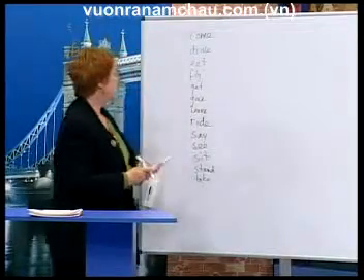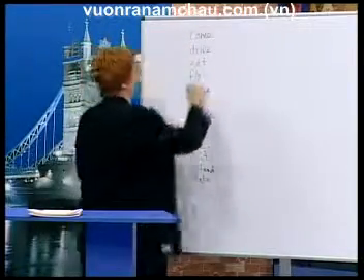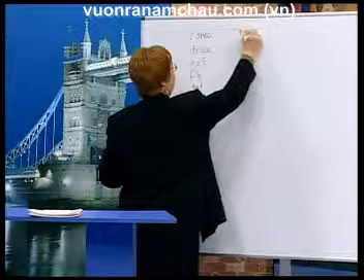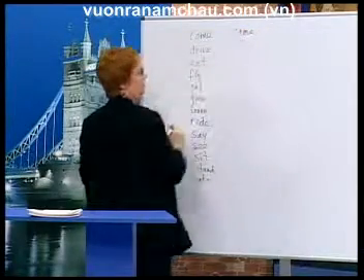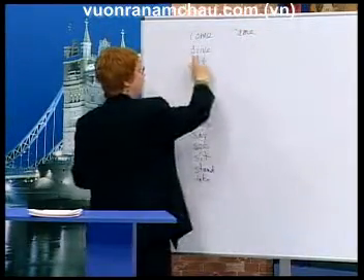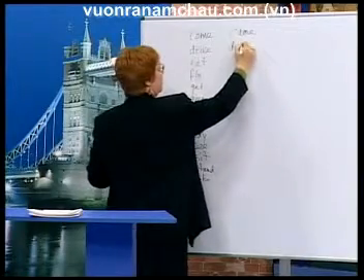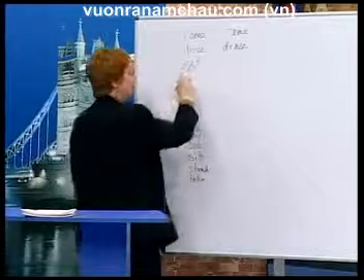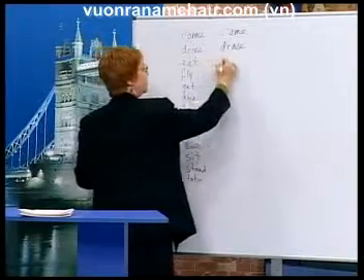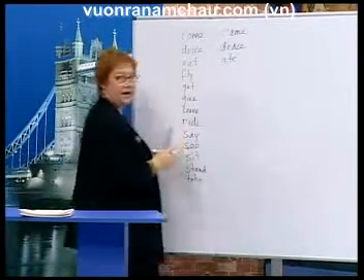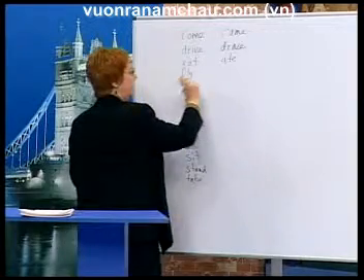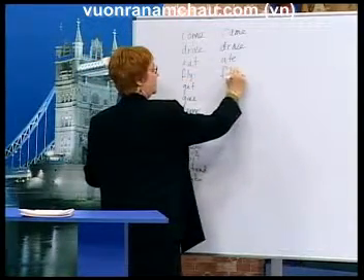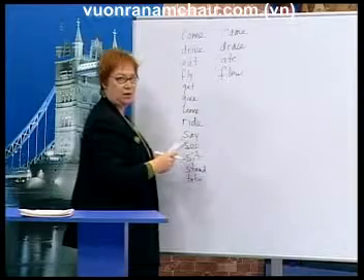sentences. So we have come, came. Okay? Drive, drove. Eat, we change this around, ate. Fly, this one is strange, flew.